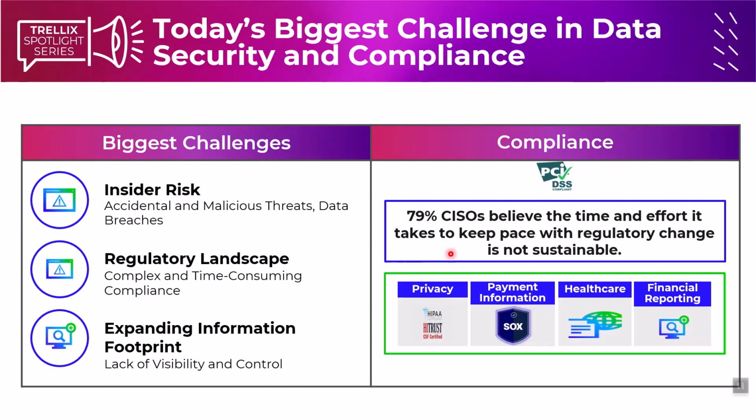The last challenge that will be talked about here is the expanding information footprint. This relates to the fact that more people are doing more online, and more data is being stored online inside the cloud. Because of the expanding footprint, we have a high risk of data being lost, and that starts to blur when you look at people working from home, using personal devices across corporate things.